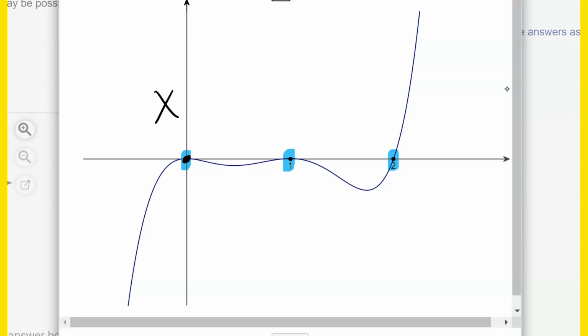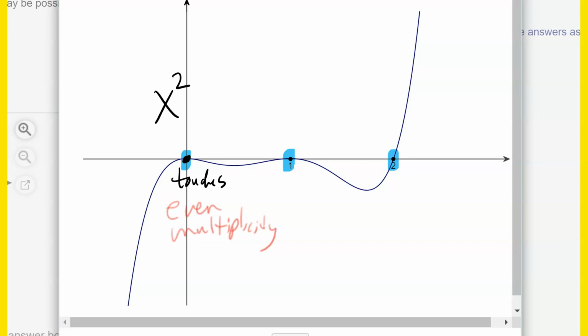Now, because it touches right there, it's going to be an even multiplicity. Which means this is not just going to be an x, it's going to be an x to an even power. It can be x to the second, it can be x to the 4th.